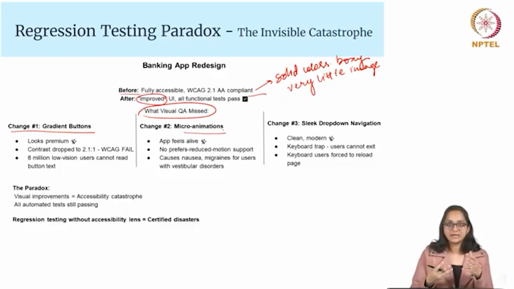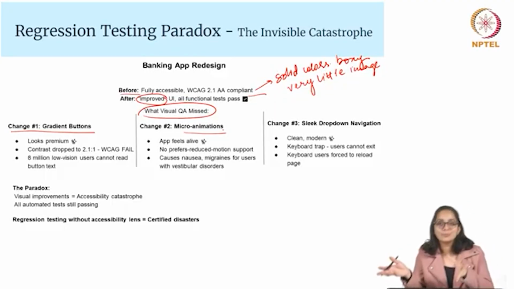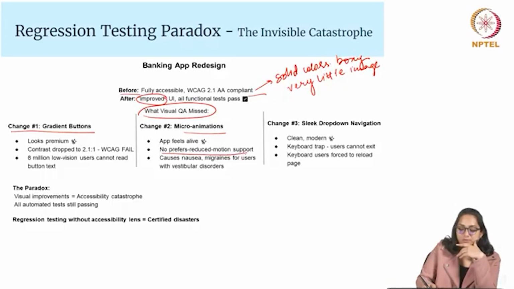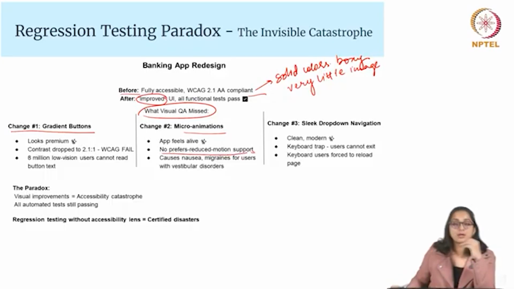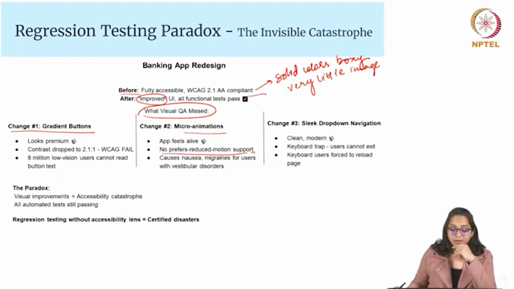Now the app feels alive, with loading micro animations where everything turns and then opens. But no one provides reduced motion support, even though it causes cognitive load to people with ADHD or attention deficit disorder, or causes nausea and migraines for users who have vestibular disorders.